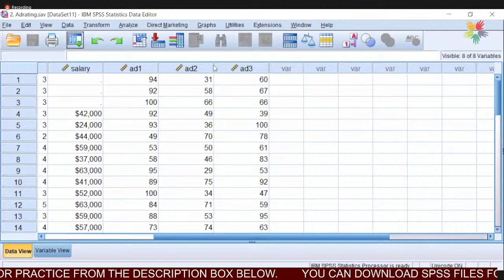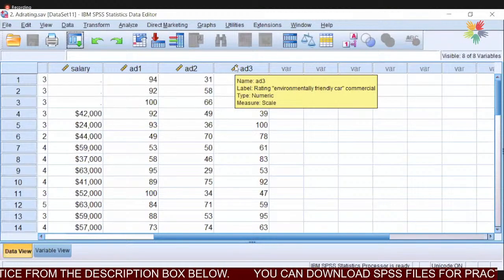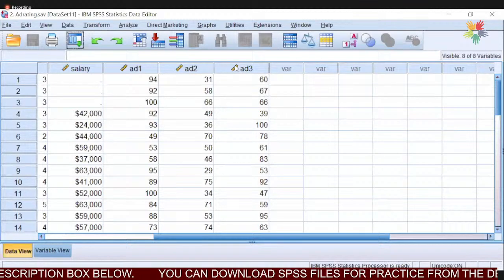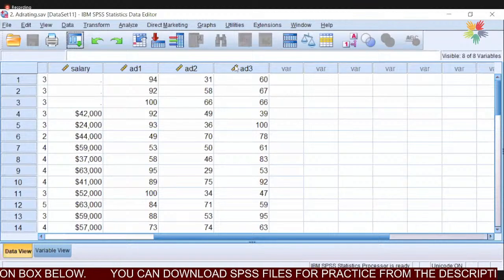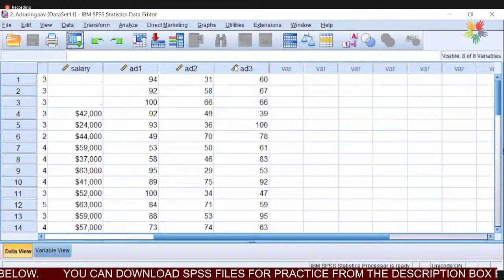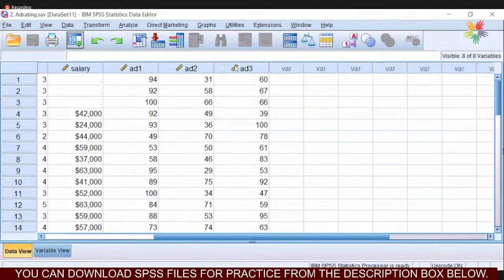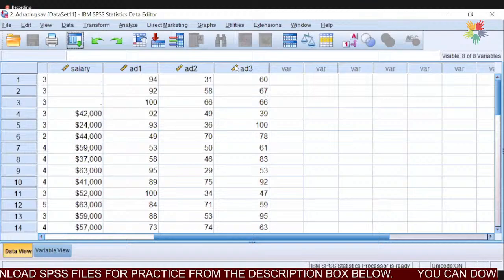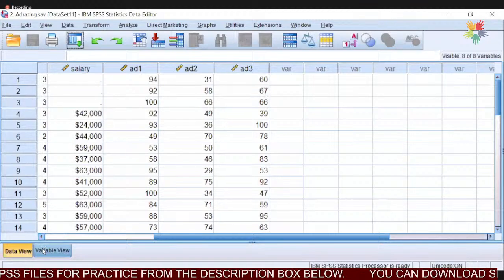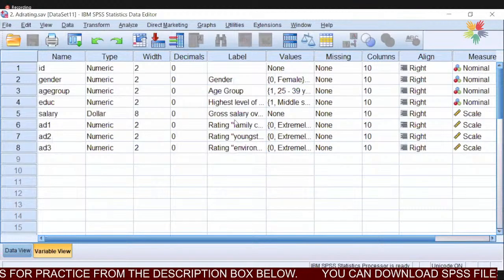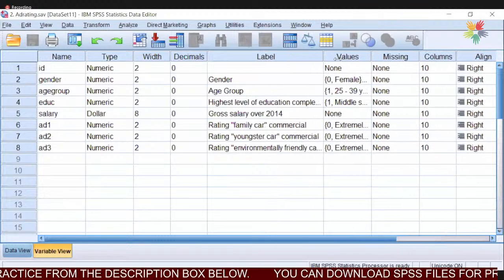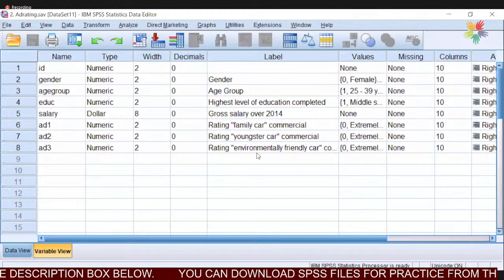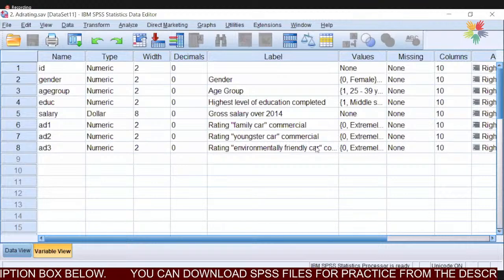Now we have 3 advertisements, each for one car. In one advertisement, it is talking about a family car. Another advertisement is talking about a youngster's car. The third one is talking about an environmentally friendly car.